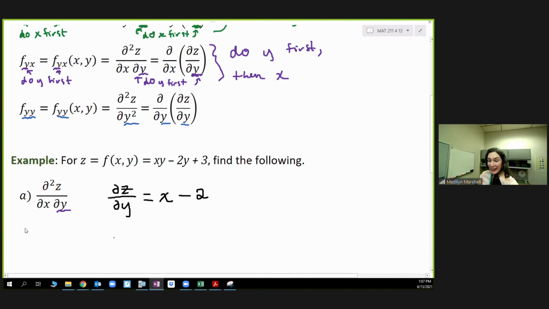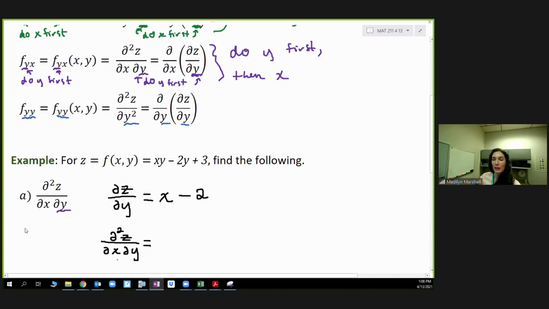So now we are going to do d dx to that. So this is going to end up being the second order partial derivative of z with respect to x and y. So we already found the partial with respect to y.